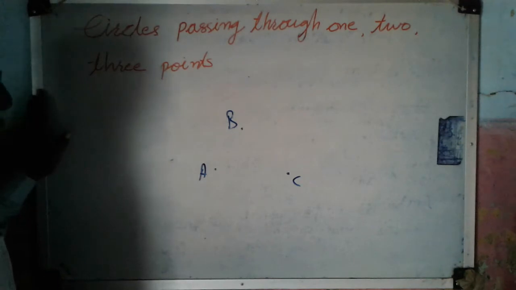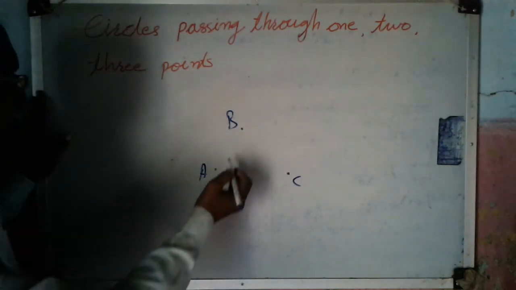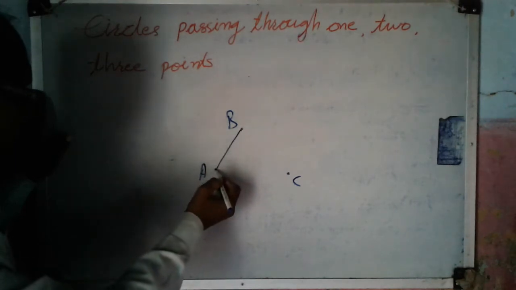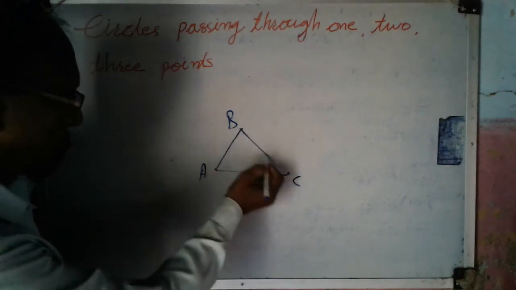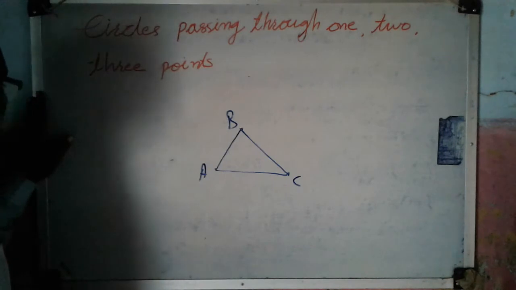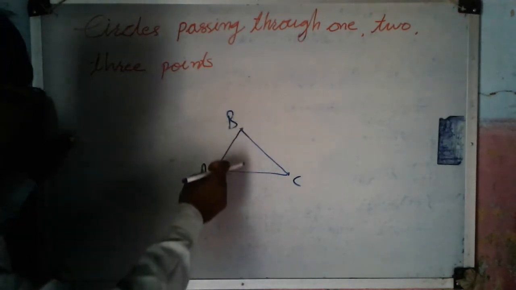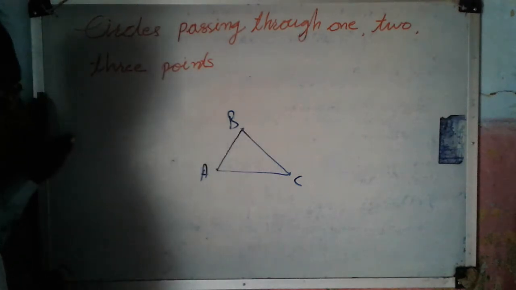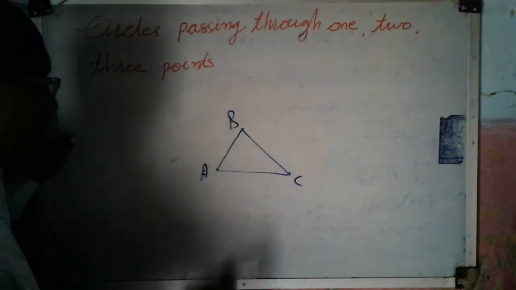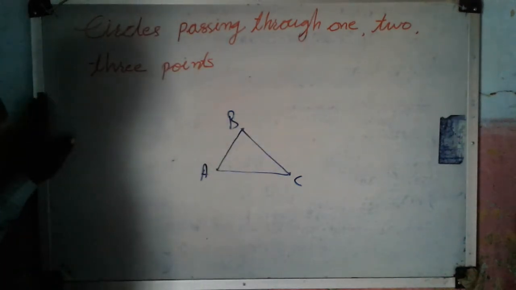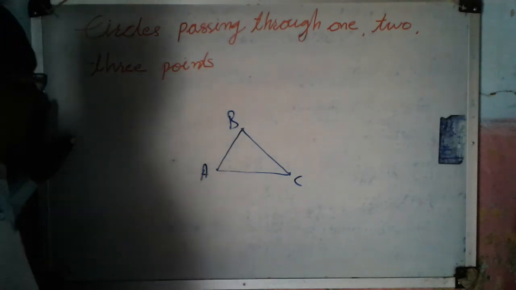How many circles can we draw passing through these 3 points? Already we know that if you join these points, we get a triangle. Okay, and we can draw a circumcircle on this triangle which passes through points A, B and C. And already we know that construction.